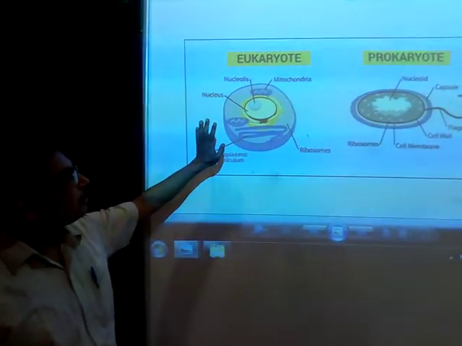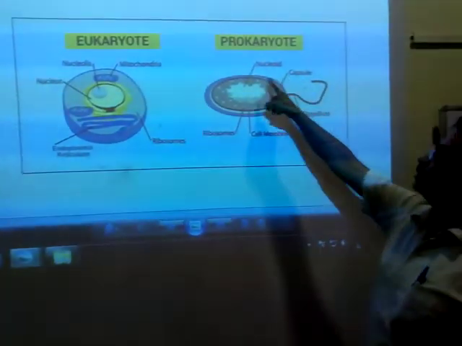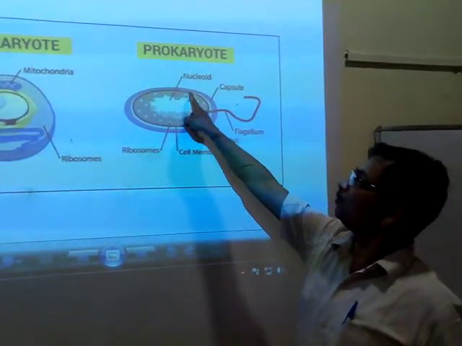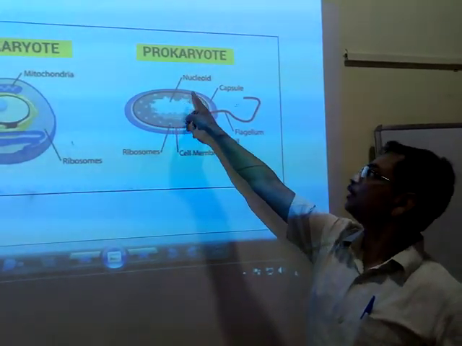Observe here the structure of a bacterial cell, or you can say the prokaryotic cell. In place of a nucleus, a nucleoid is there. No true nucleus is there.